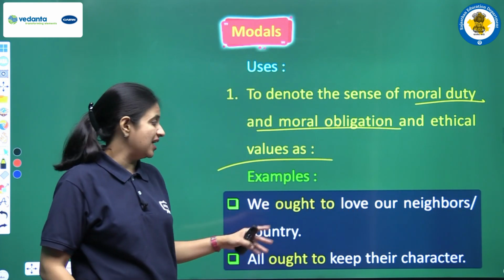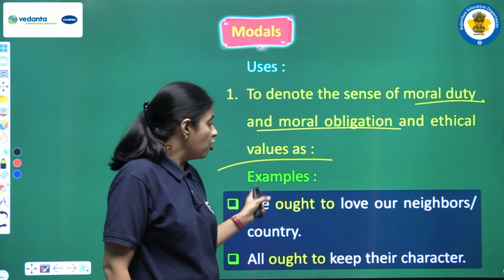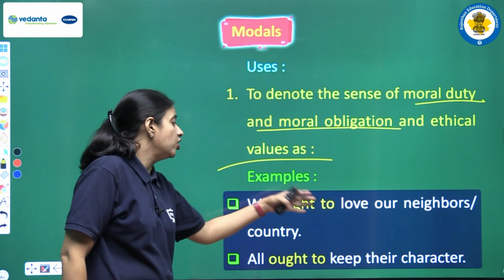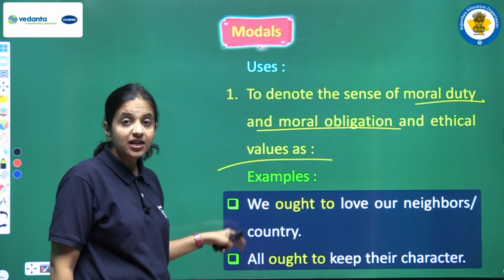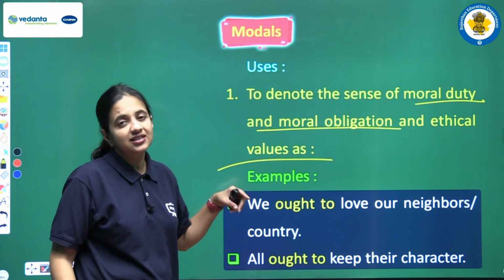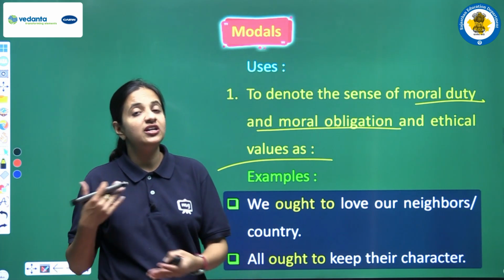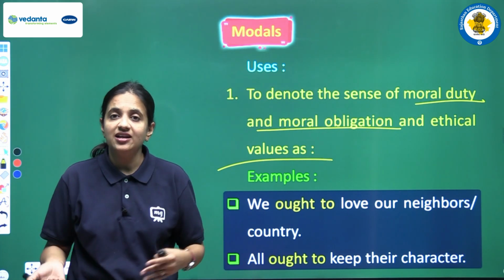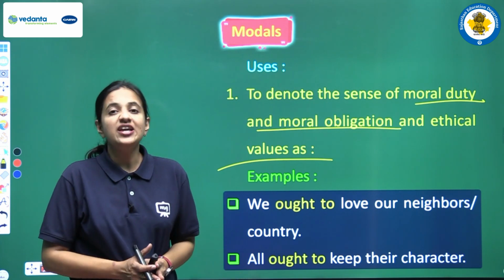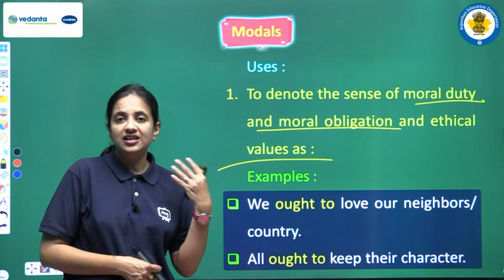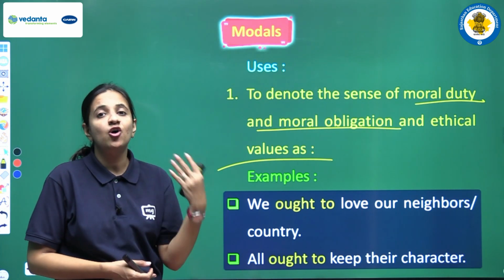So let's see some of the examples. We have, we ought to love our neighbors, or we can write, we ought to love our country. Again, this is just the same use as when we were using should. In the same manner, ought to can also be used to show moral obligations, moral duties.